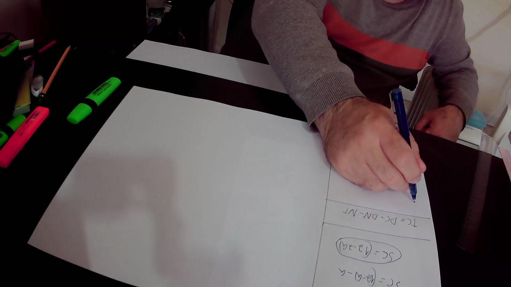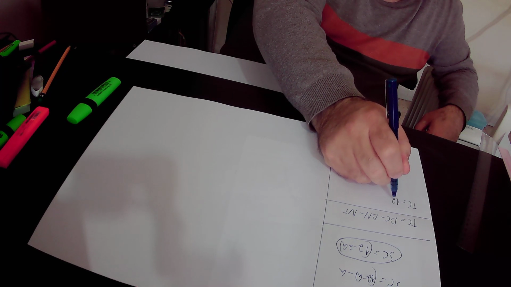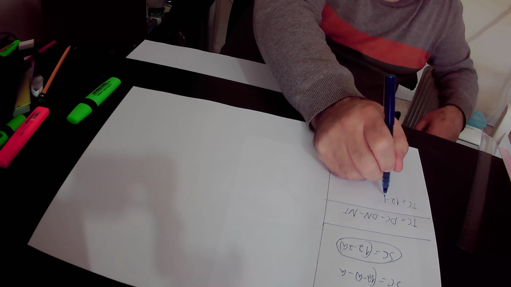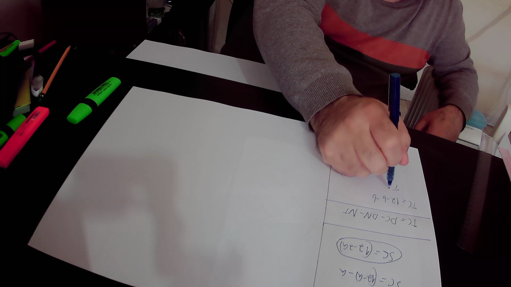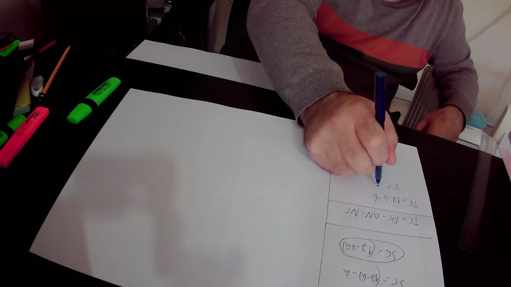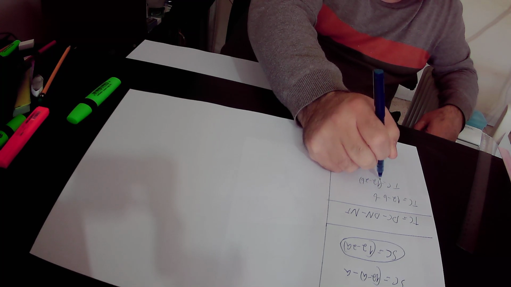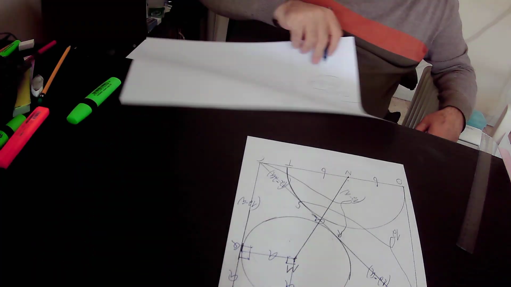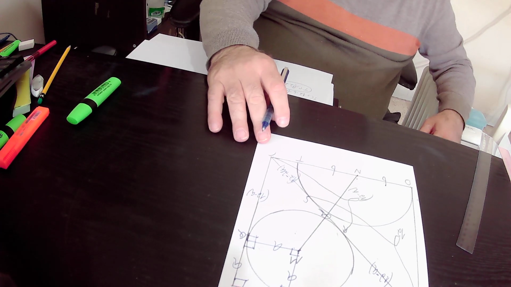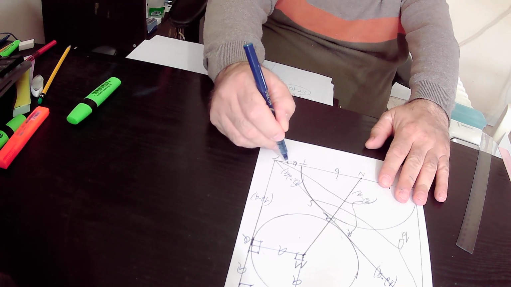So TC equals DC, that is 12 units, minus DN, that is B, minus NT, that is also B. So in conclusion, we found out that TC equals 12 minus 2B. So we can write here that TC, this line segment, equals 12 minus 2B.